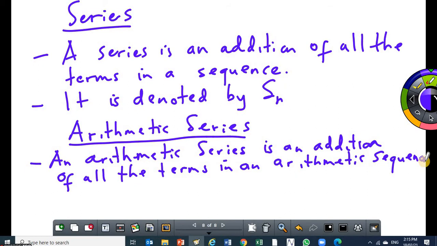Now, if we incorporate our knowledge of T and then we introduce also a and d into a series, then we can end up having this.